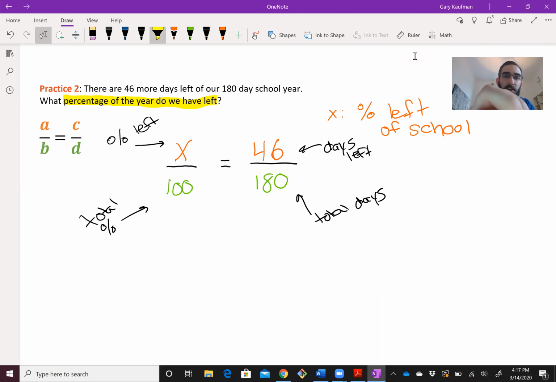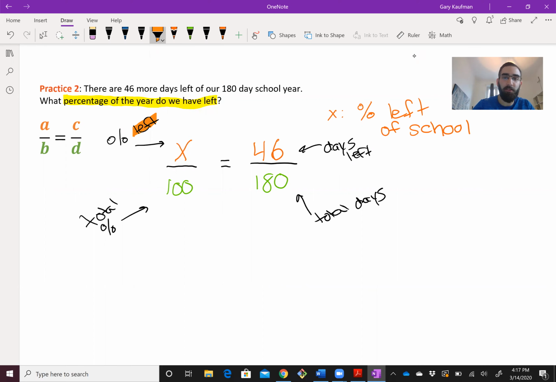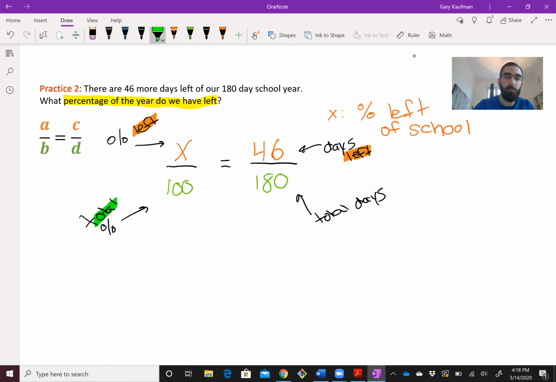Notice how I labeled everything. So when we think about the numerators for both, it's percent left, days left. And then when we think about the denominators, it's the total percentage and it's the total days. It's all matching. Let's now do cross multiplication and we get 180x equals 4,600.